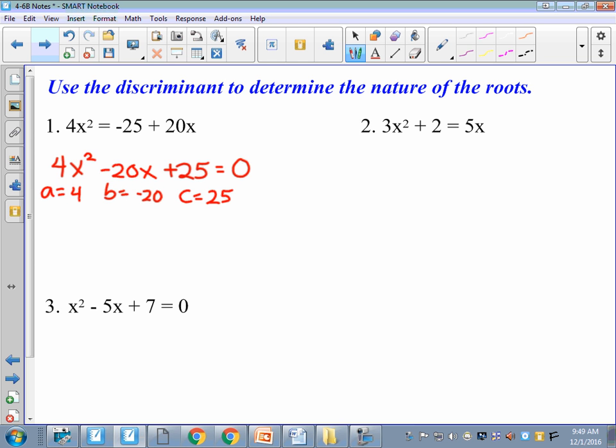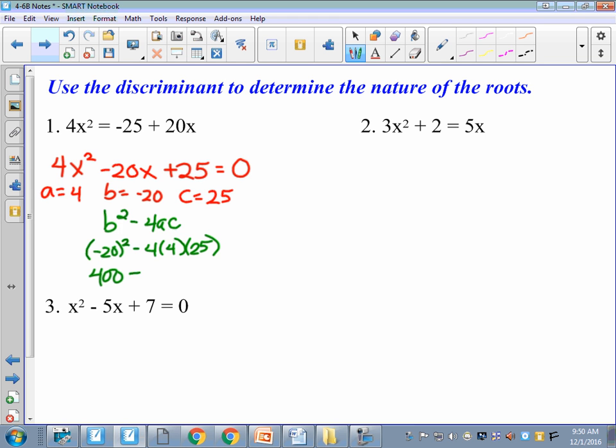And then my a value is 4, my b value is negative 20, and my c value is 25. So to find the discriminant, I'm simply going to use b squared minus 4ac. I don't have to do anything else. B squared minus 4ac, so that's negative 20 squared minus 4 times 4 times 25. That's 400. Take away 400.